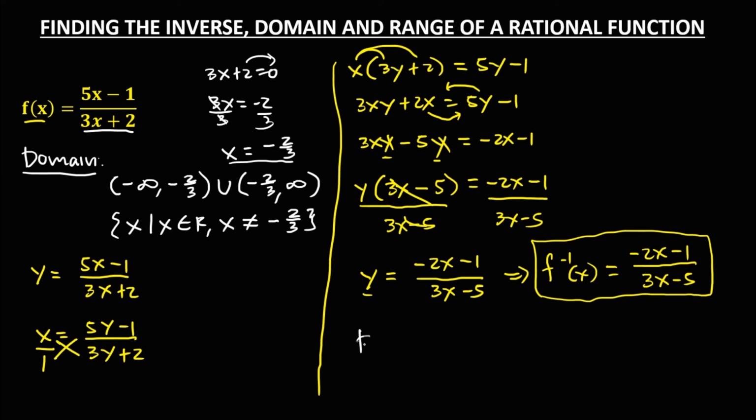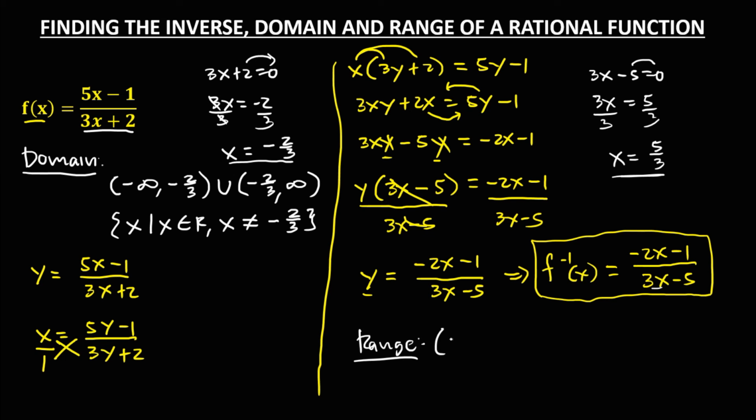Then from the inverse, to find the range, first equate this denominator to 0. So 3x minus 5 equals 0. Then we have 3x equals positive 5. Divide by 3. So x is equal to positive 5 over 3.